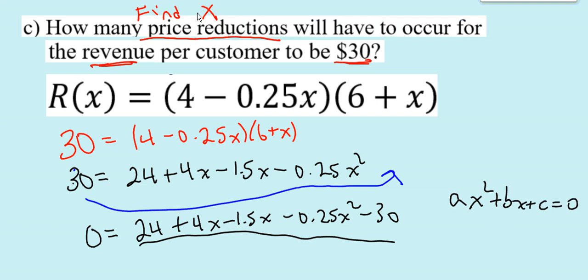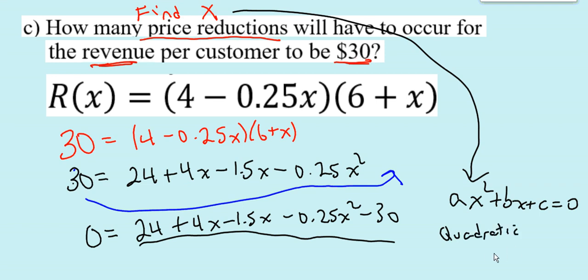And if I want to solve for x in an equation like this, I could try factoring again, but I'm not going to. I would use the quadratic formula. In the quadratic formula, I'll be able to solve for x and tell you what value of x, in other words, how many price reductions, will give me that value of 30 for the revenue.